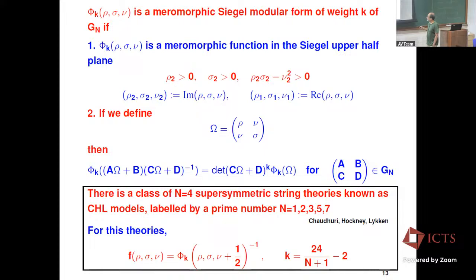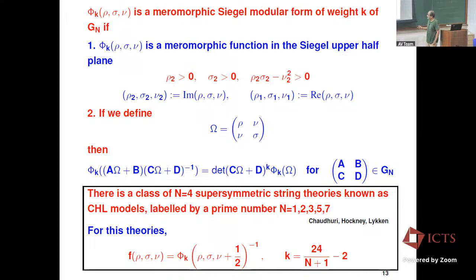I'll use a notation that rho 2, sigma 2, and nu 2 will be the imaginary parts of rho, sigma, and nu, and rho 1, sigma 1, nu 1 will be the real parts. And the Siegel upper half plane requires that rho 2 is positive, sigma 2 is positive, and this combination is also positive. So phi k is a holomorphic function of rho, sigma, and nu in this subspace.